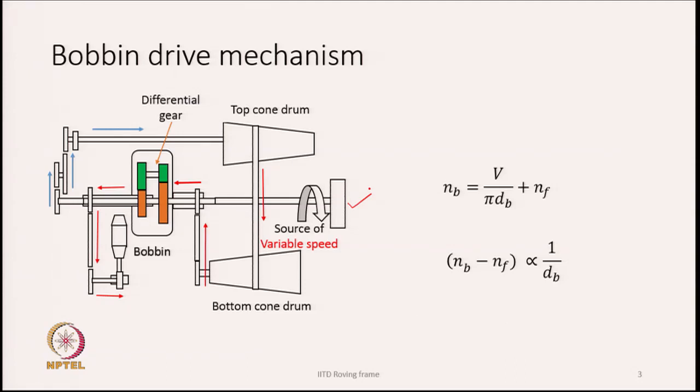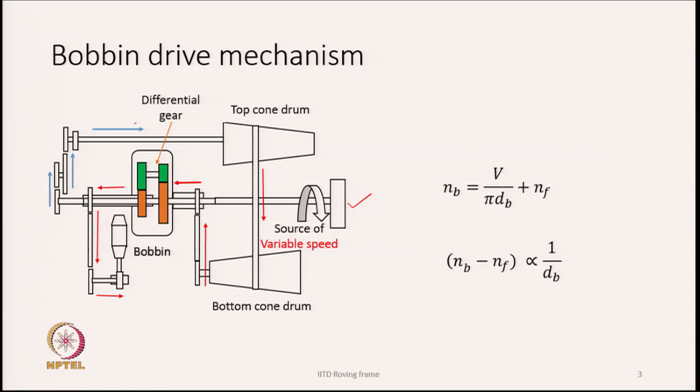This shaft rotates at a constant speed, and if you trace the motion transmission from this shaft, the orange arrow shows how the motion is transmitted, and the blue arrows also show how the motion is transmitted.